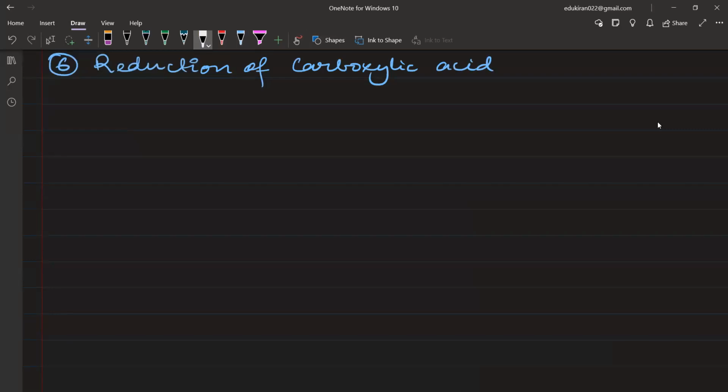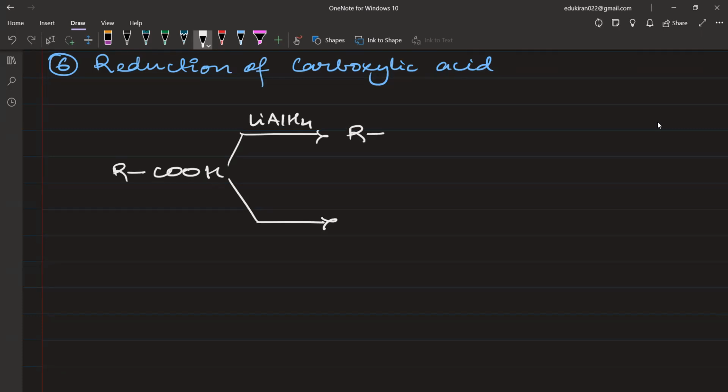For reduction, you can use only 2 different reagents, and both are going to give you 1 degree alcohol. So if you have RCOOH, we can use lithium aluminium hydride. This will give you RCH2OH, with the same number of carbon atoms.